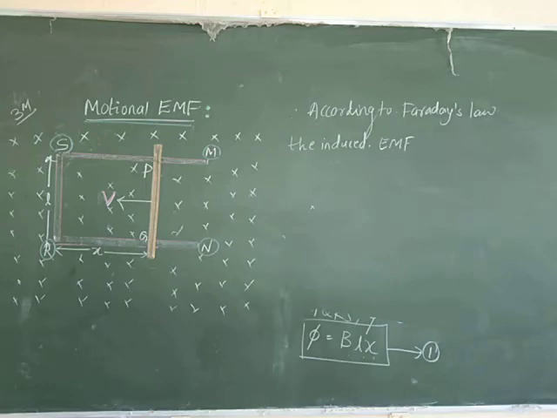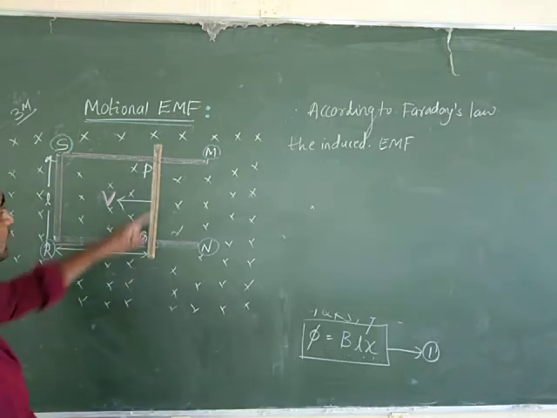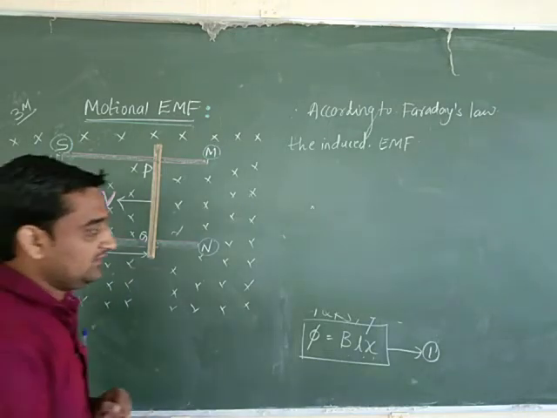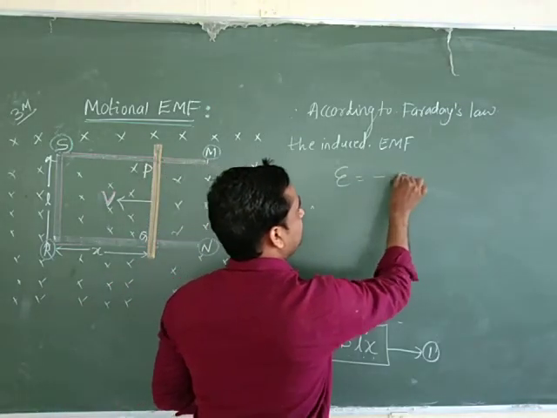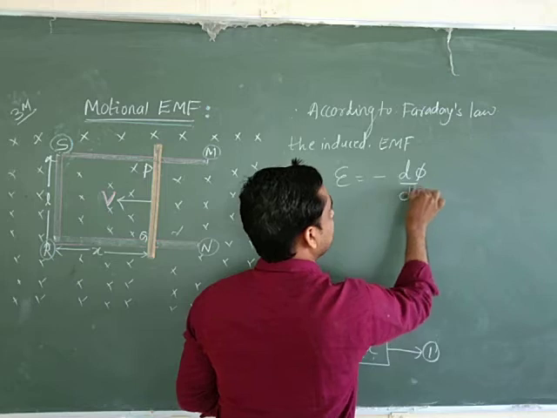So what is Faraday's law? The induced EMF is equal to the rate of change of magnetic flux linked with the coil. Therefore, E is equal to minus d phi by dt.